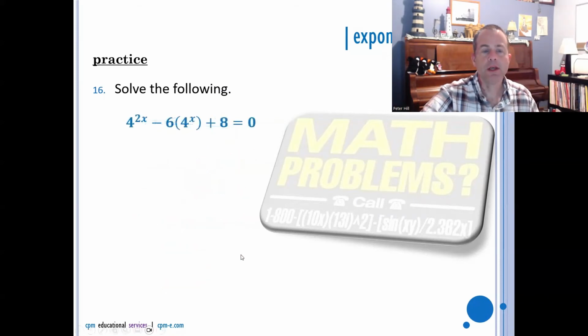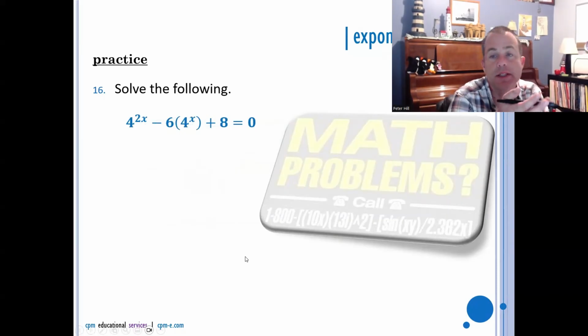Awesome. What I want you to see here is it looks like a quadratic. Just hone in on that 4 to the x for a second. If this says 4 to the 2x, really that means it's 4 to the x squared, right? So I've got something squared minus 6 times the something plus a number. That's a quadratic, and I want to try and factor it.